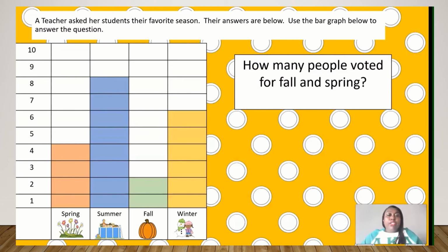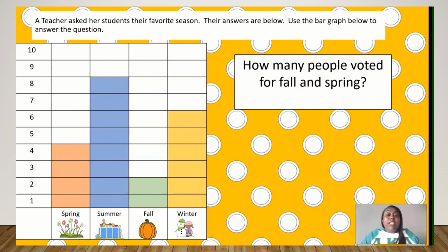Here's our next question. How many people voted for fall and spring? Boys and girls, we're going to focus our attention just on fall and spring. You told me earlier that 2 people like fall and 4 people like spring. To figure out how many voted, I must combine the 2 numbers.